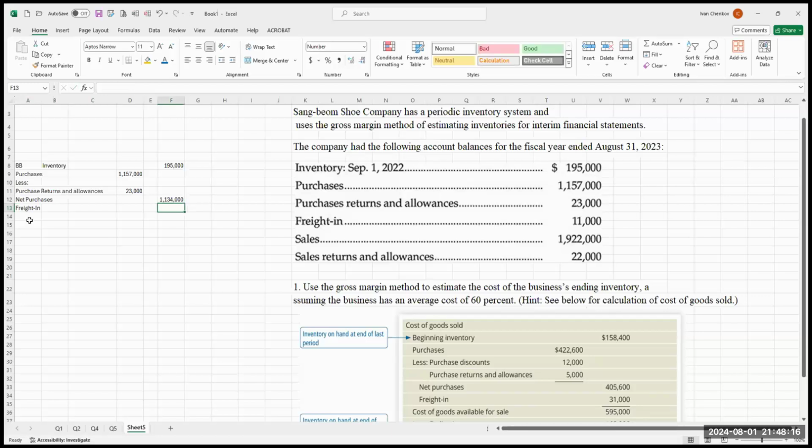And the freight in this case is $11,000. At this point, I can say I have cost of goods available for sale, all those three together. And I have my first calculation. Now I have my total that I have available.